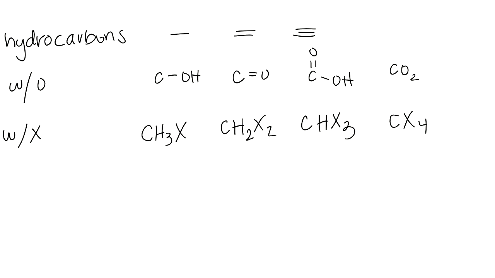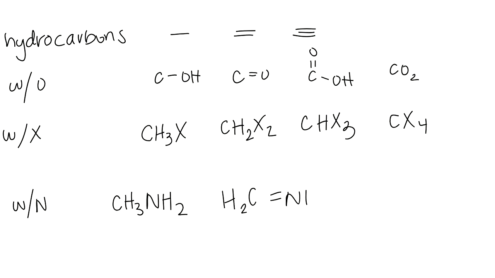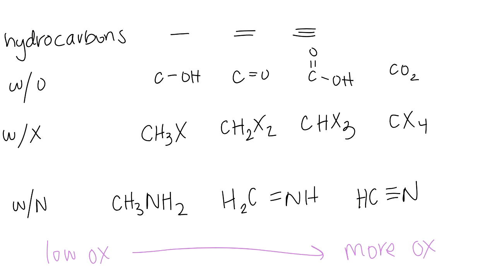And then if we're looking at compounds with nitrogen, we can have CH3NH2, then create a double bond, H2C and H, and then create a triple bond, HC triple bond to N. So again, the whole purpose here is starting with low oxidation, and we're becoming more oxidized as we move from left to right on this list.